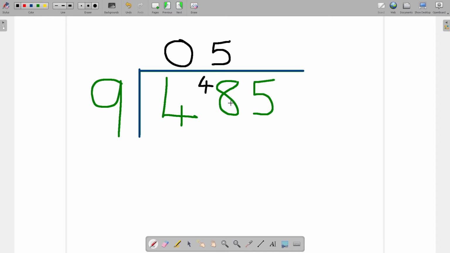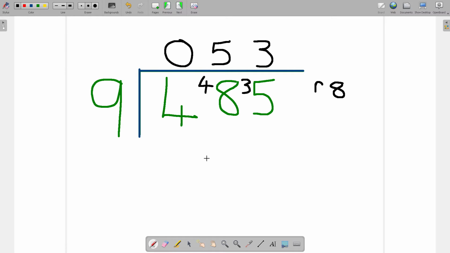So 48, take away 45, and we have 3 left over. Okay, so we move that down, and then we say how many 9s are there in 35? And there are 3. Okay, 9, 18, 27. So our remainder, if we take 27 away from 35, our remainder is 8.